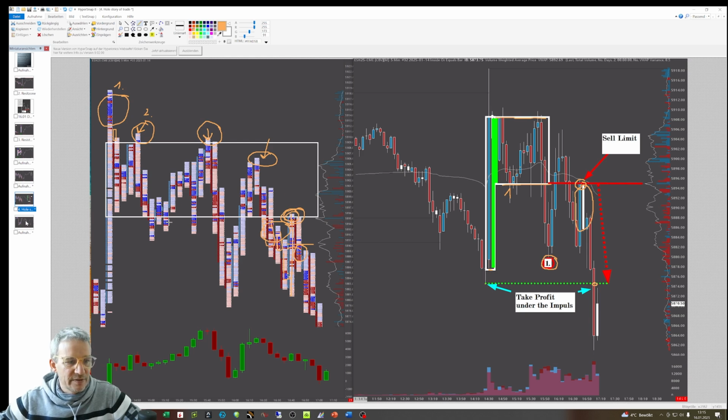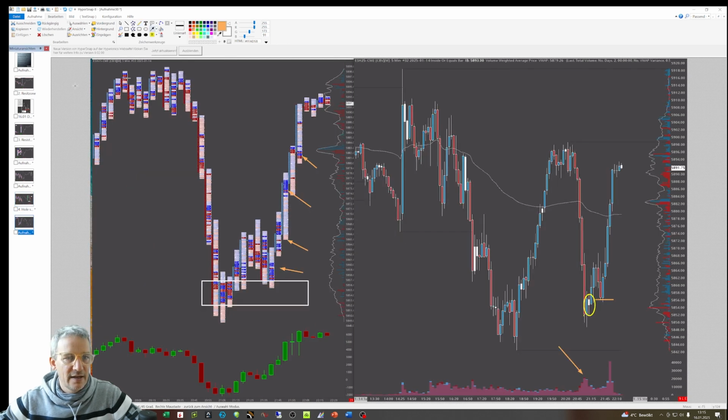And another example, it's a little bit of another picture, shows you the market falls very fast down with a lot of dynamic, and in the end there are no sizes at the low prices.